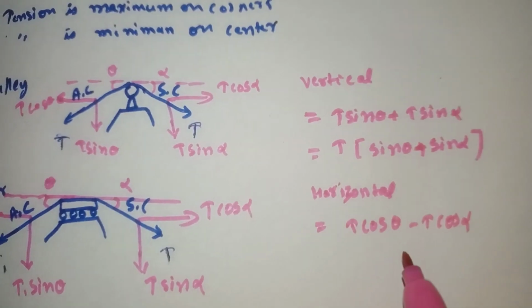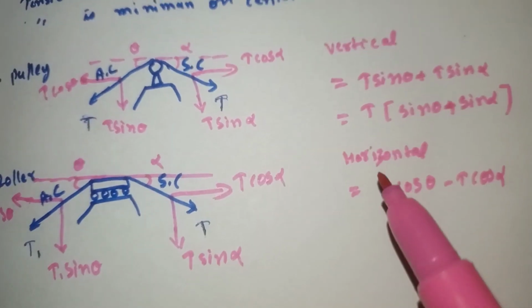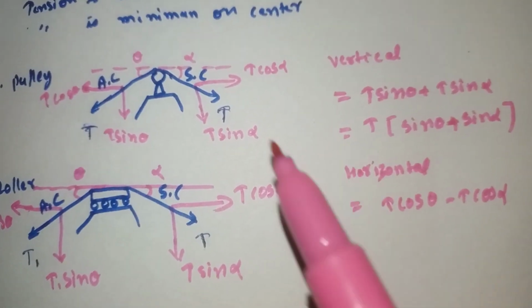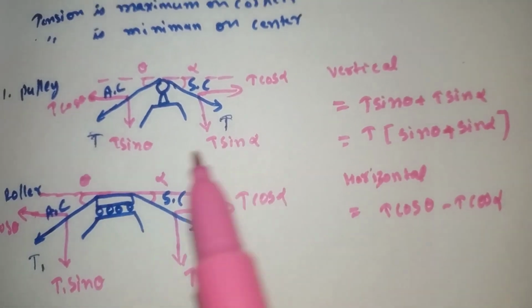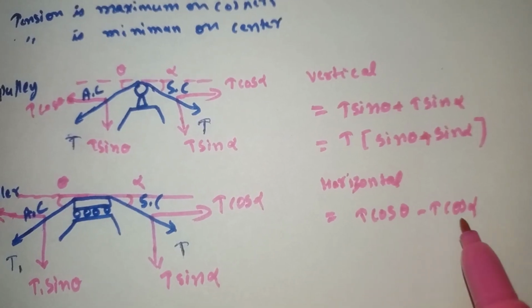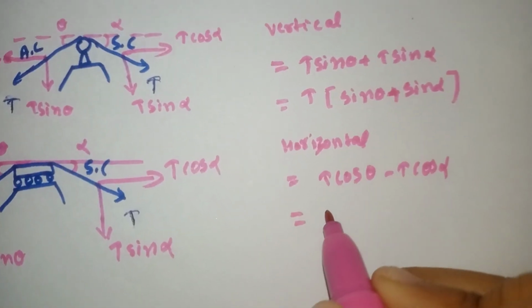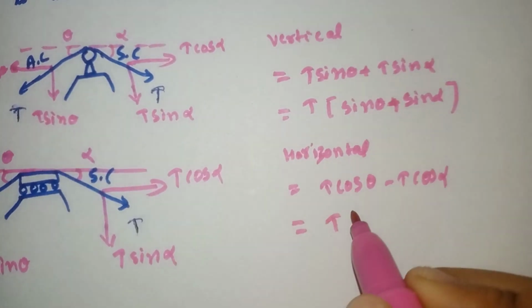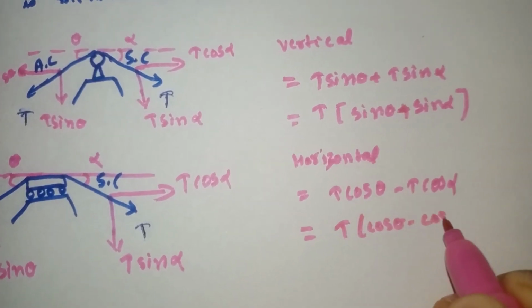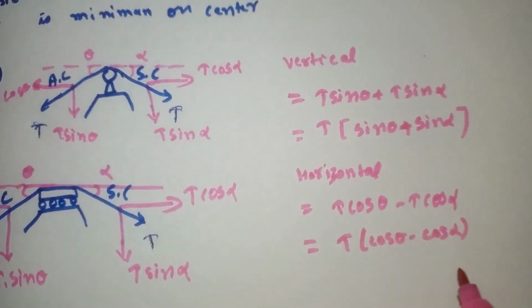I am taking minus because you have to take one side negative. If you take the right side positive, then take the left side negative because both are in opposite directions. Again T is common, so I take T outside, and the remainder is cos theta minus cos alpha. This is the formula for horizontal.